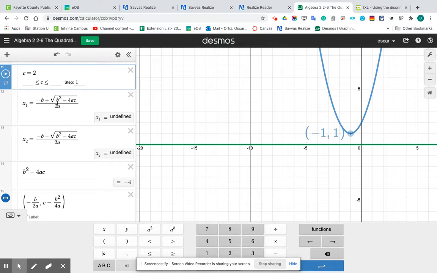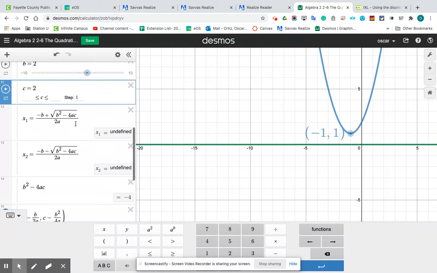So when you take the square root of a negative, hopefully that will remind you about the lesson that we just covered, where we had imaginary numbers. So when does that happen? When you actually do not have x-intercepts, all right?